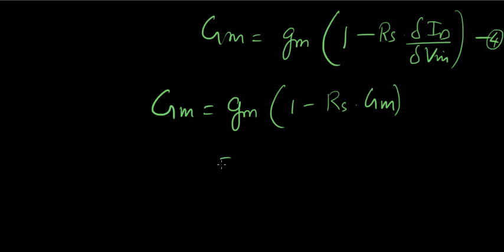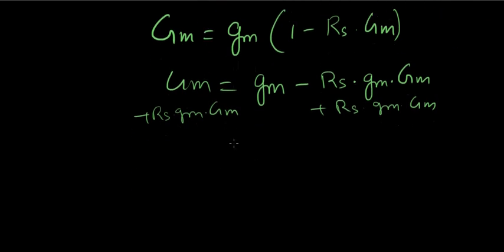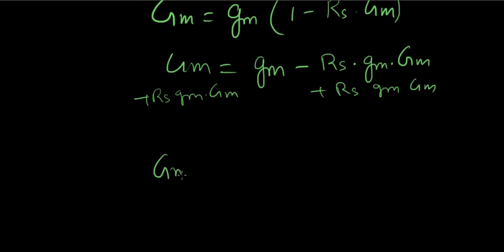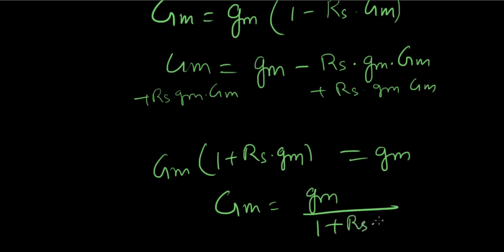GM plus RS times GM times GM equals small GM. So we factor GM out here, we get 1 plus RS times GM equals small GM. So capital GM equals GM over 1 plus RS times GM.